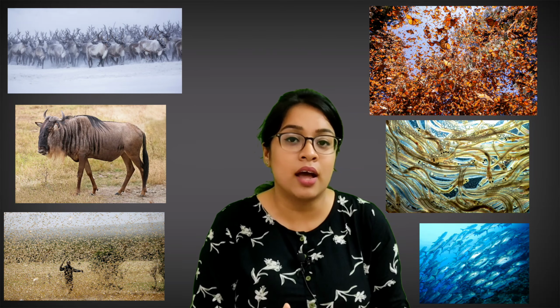Not only birds, mammals, insects, fishes also migrate from one place to another. In case of mammals, reindeer, wild beasts. Then in case of insects, locust, monarch butterfly, and in case of fishes, salmon, hilsa, they are excellent migrators.